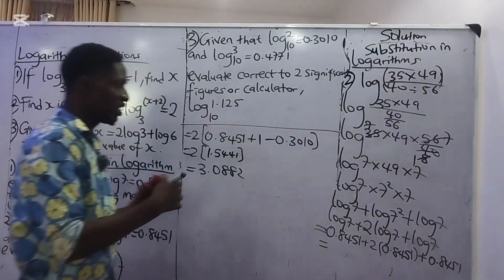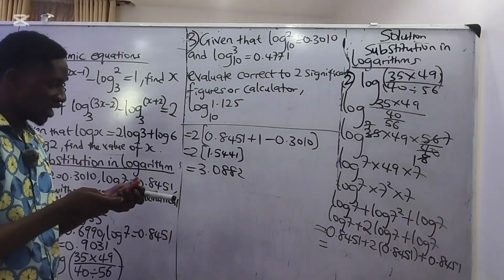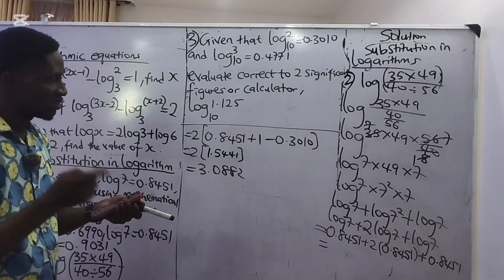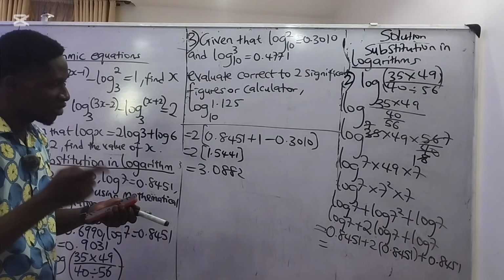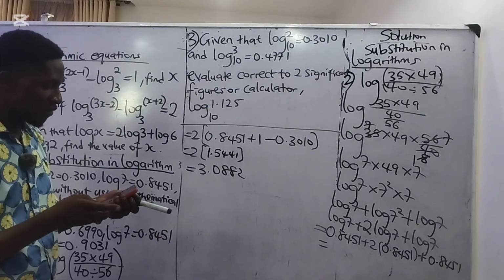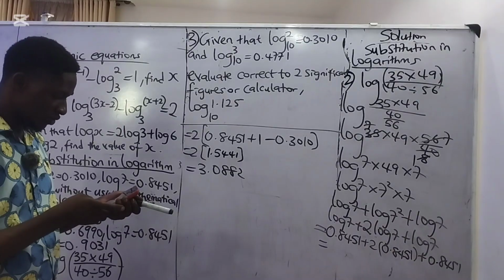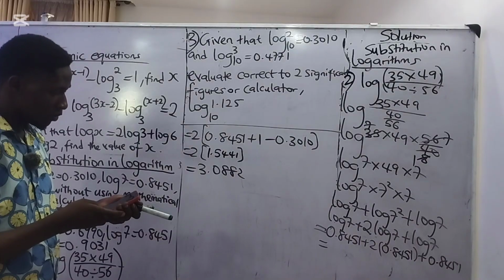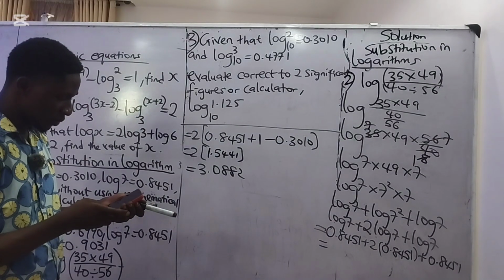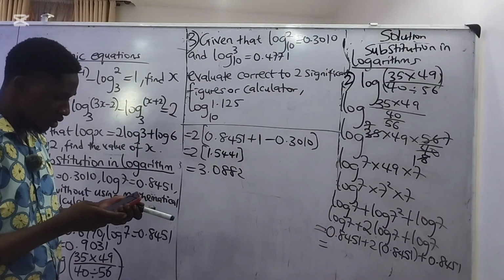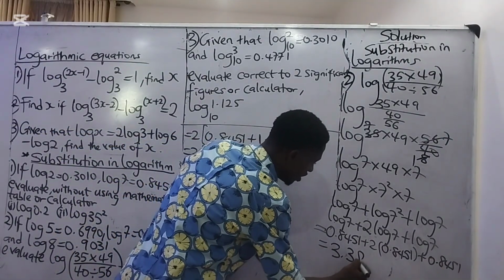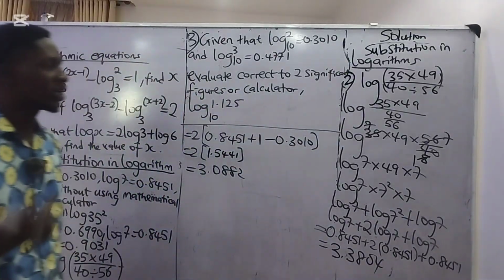Let's try to get it: 0.8451 plus 2 times 0.8451 plus 0.8451. So the answer will be 3.3804.